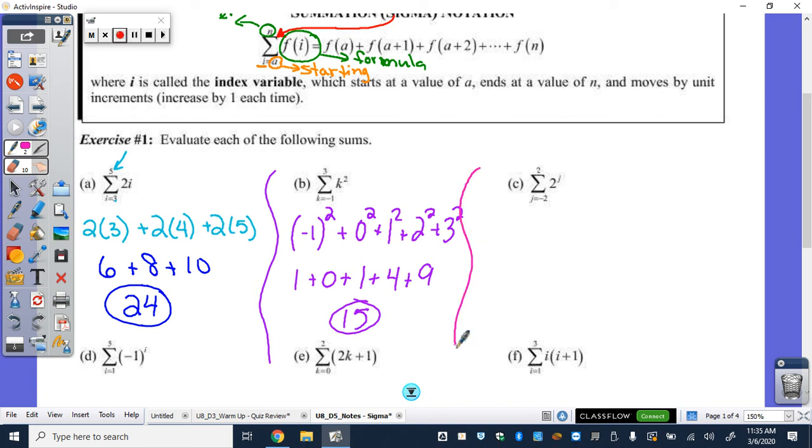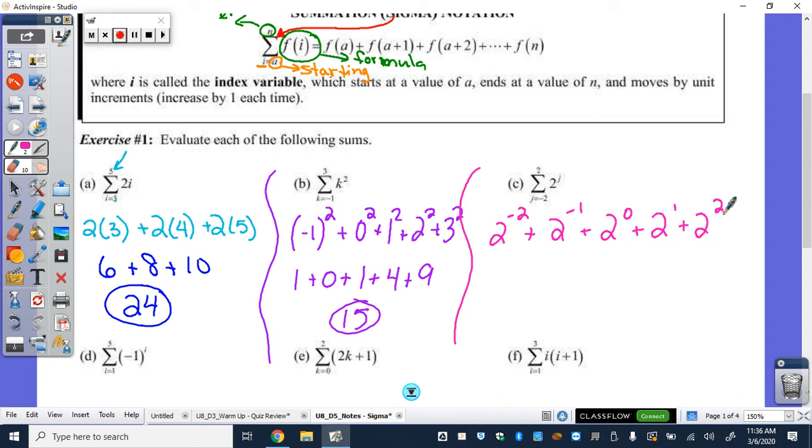So this time for letter C though, when we're plugging in for the variable, what is it? It's the exponent. So that means we would start with 2 to the -2, because on the bottom of my sigma sign there, it's telling me to start with a -2. And then 2 to the -1, 2 to the 0, 2 to the 1, and then 2 to the second.